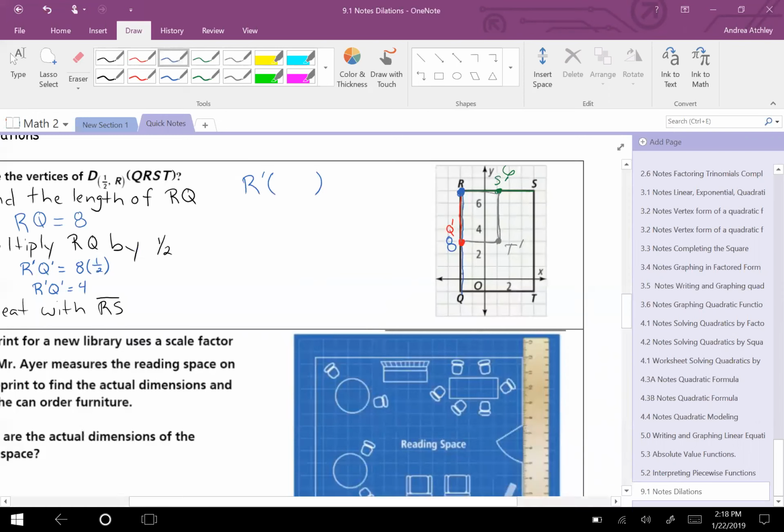So we're at -2 for X, and 1, 2, 3, 4, 5, 6, 7 for Y. Then S prime is at 1 for X, and then 7 for Y. Find the next two, Q prime and T prime for me.